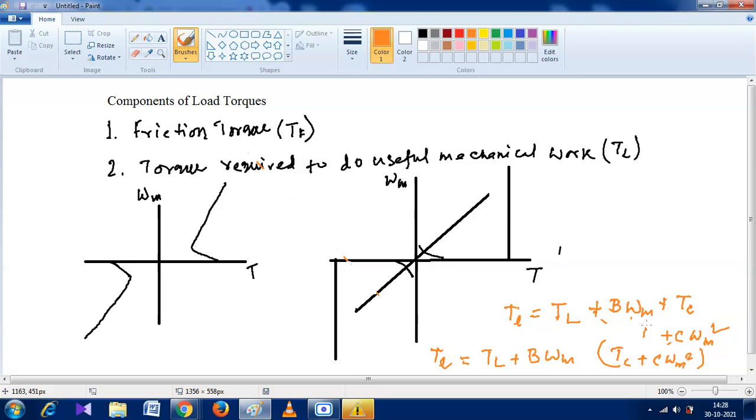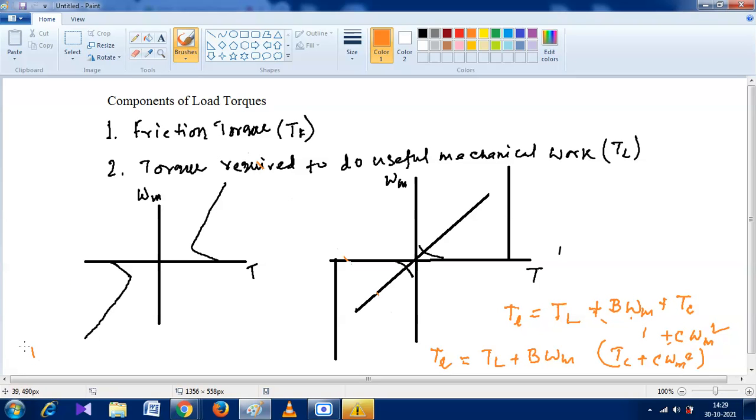So we neglect this, and after neglecting, what do we get from the fundamental torque equation? What is the fundamental torque equation? Preeti, can you tell me?